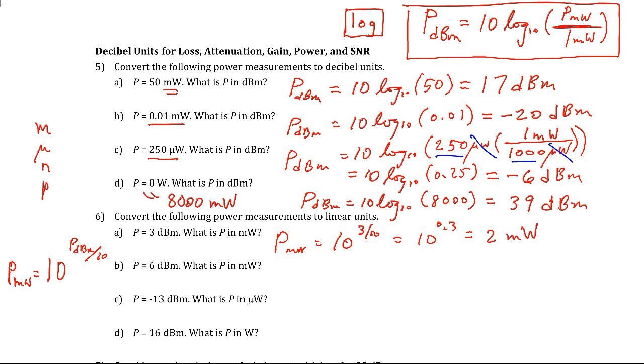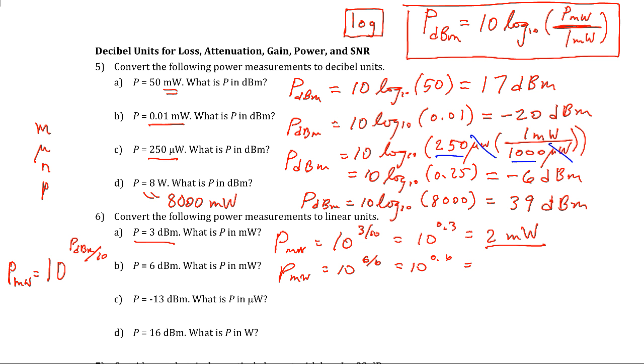And this makes sense because 3 dBm is 3 above 0. 1 milliwatt is 0 dBm. And I've doubled it on the linear scale, so I add 3 dB on the decibel scale. For 6 dBm, power in milliwatts is 10 to the 6/10, or 10 to the 0.6.